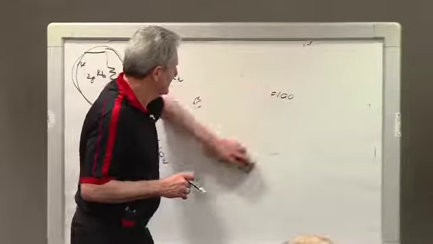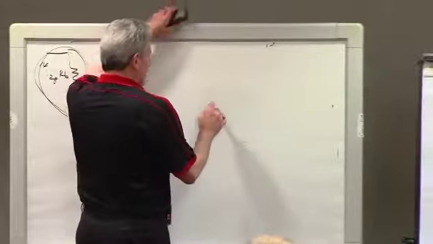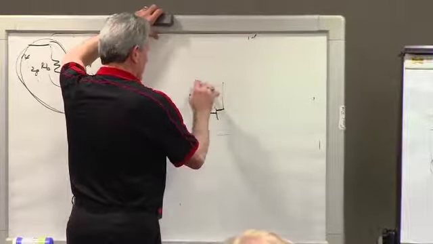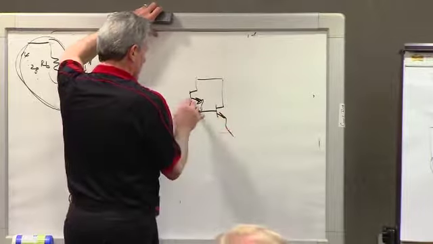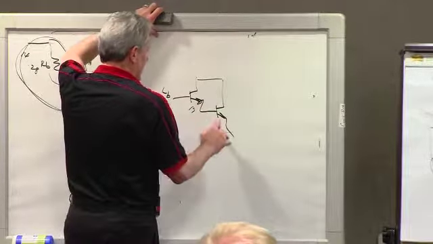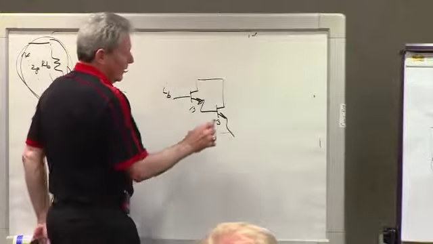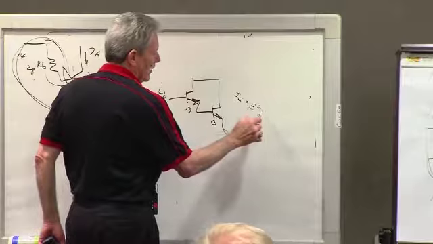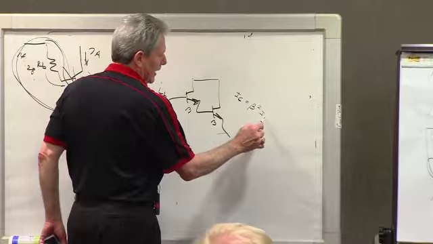So the answer is, let's put 2 of them together. Now this is IB, this is beta, and this is beta. So now I get IC equals beta squared times IB.